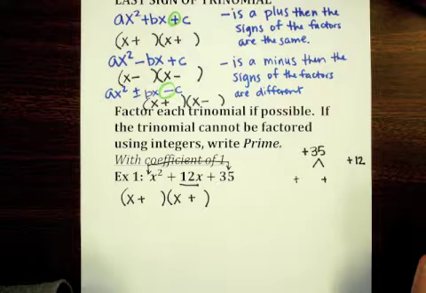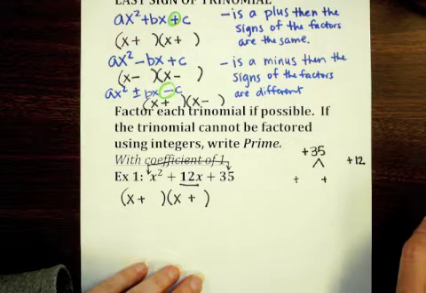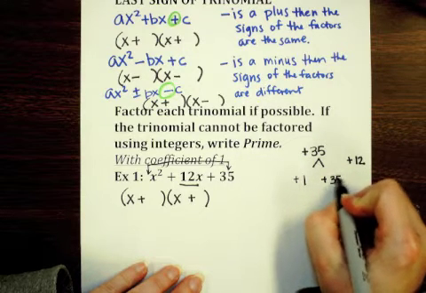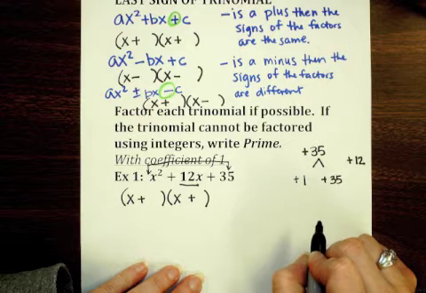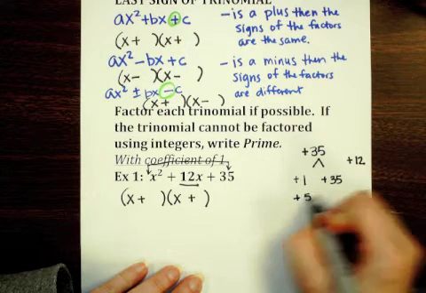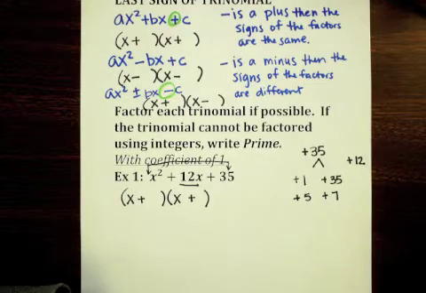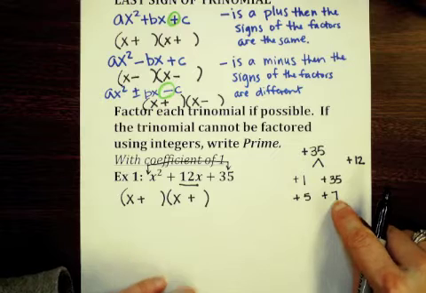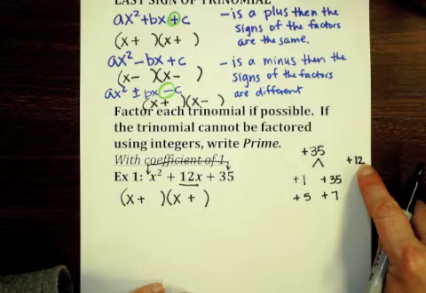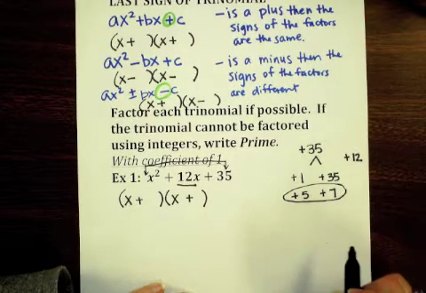So what I would do is I would list out every number that multiplies to give me 35. 1 and 35. 2 doesn't divide, 3 doesn't divide, 4 doesn't divide. 5 is my next number, times 7. 6 doesn't divide, and then I'm already back to 7. So which of these two add to give me 12? So 5 and 7.